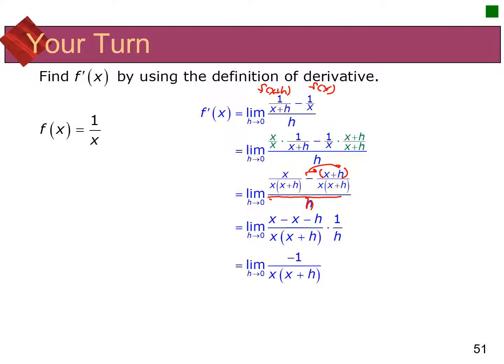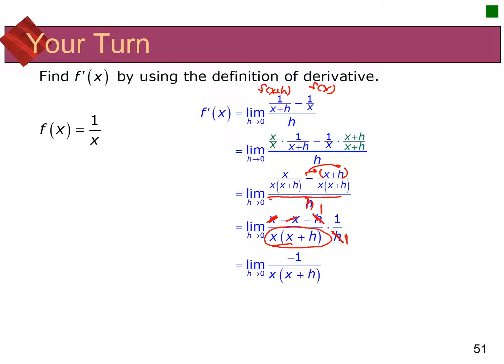So I have these going away because they subtract out. These, I have a negative h on top and a positive h on the bottom, kind of going back to some rules of simplification you learned way back when. Now there's a negative here, so it's a negative 1. This is a 1 here. So on top I'm left with negative 1. On the bottom I'm left with just x plus h times x.